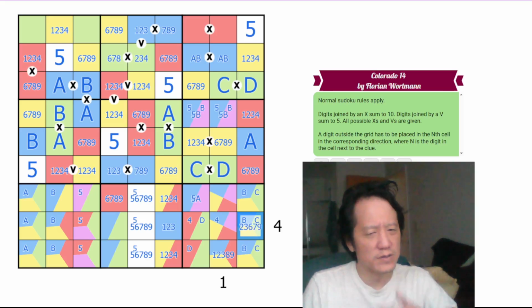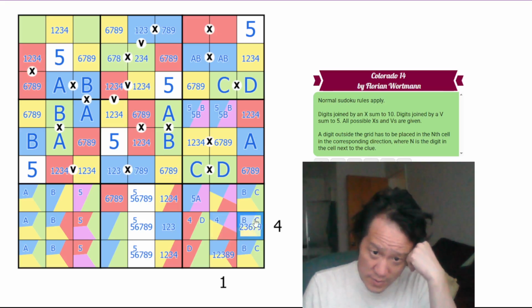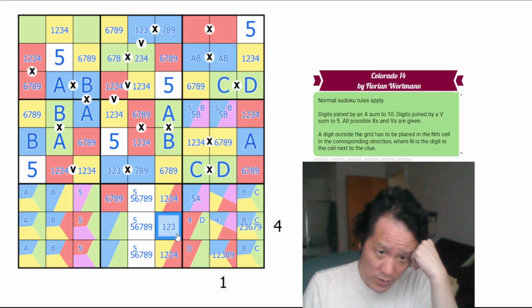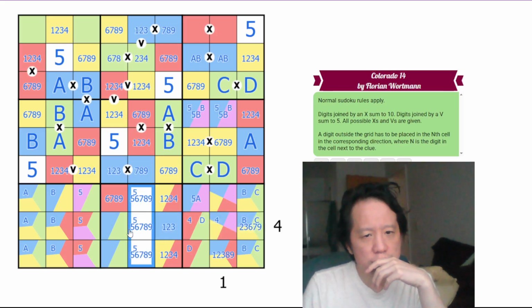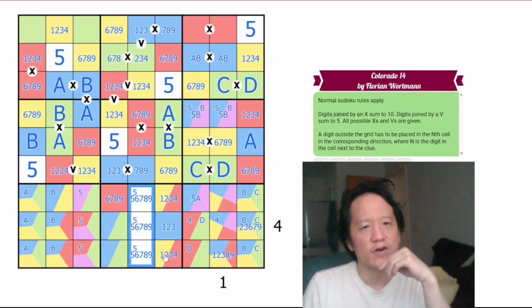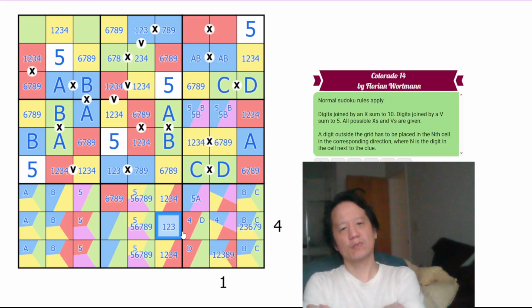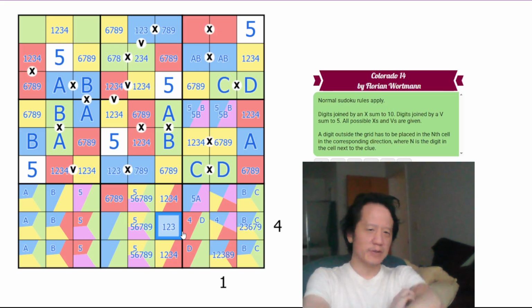Okay, so still not that interesting here. What are the colors here? We have a high green, a 5. So it's pink, green, and the last one's yellow. Okay, maybe not so interesting.